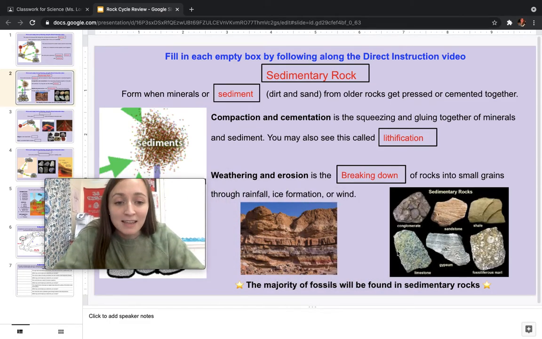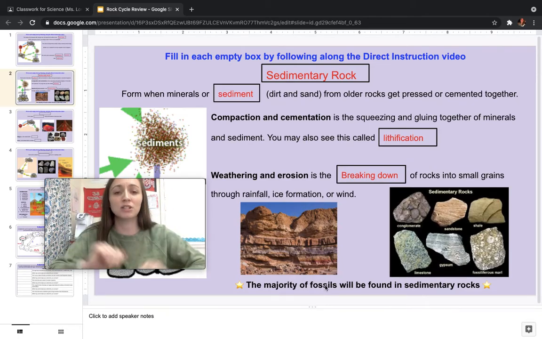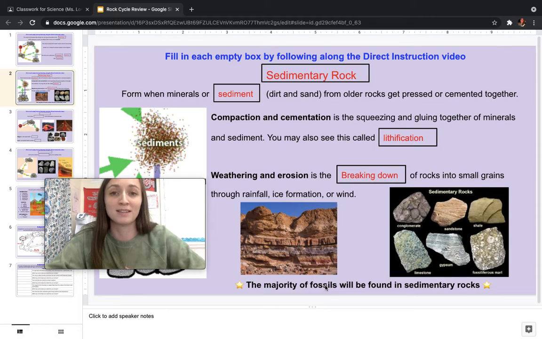Now, one key thing about sedimentary rocks, I want this to be a major takeaway from today. If you are ever asked, what type of rock was this fossil found in? Guarantee you it's going to be sedimentary rock. Because think about how fossils even form. Fossils are formed when an organism dies, right? Step one. And then they're eventually buried in sediment.